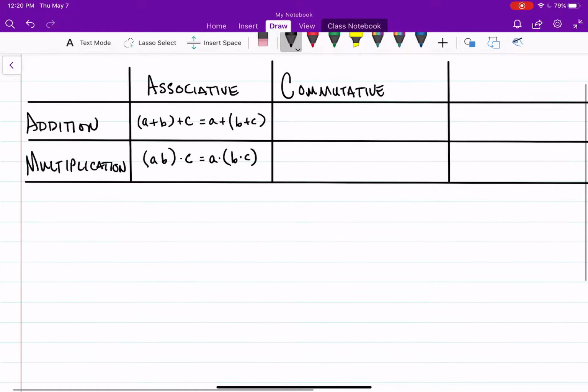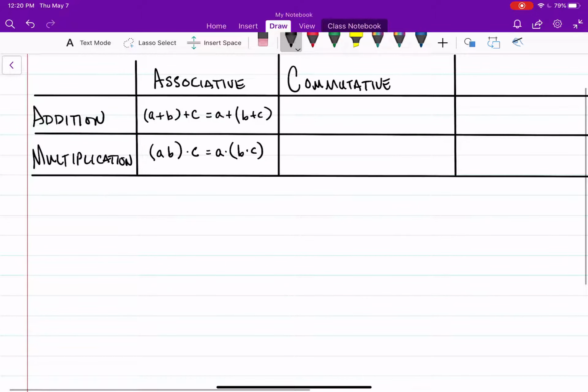So if I had something like A plus B plus C, if I was to do commutative, I can say it's A plus C plus B. Notice either the B commuted to the end or the C commuted forward. Either way is still commutative, okay?